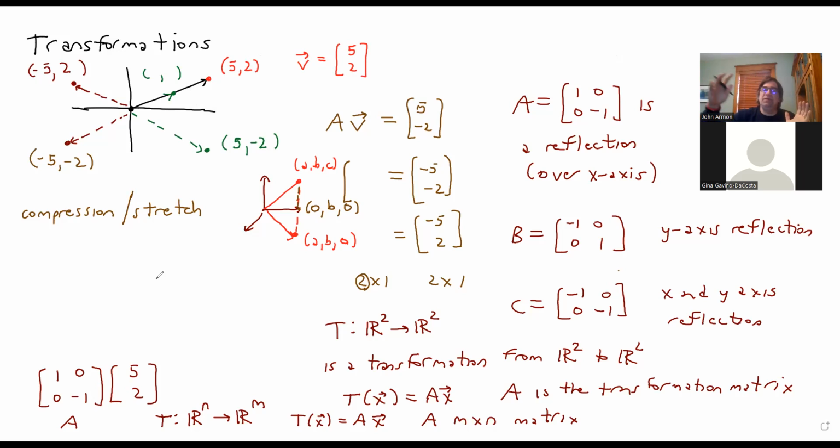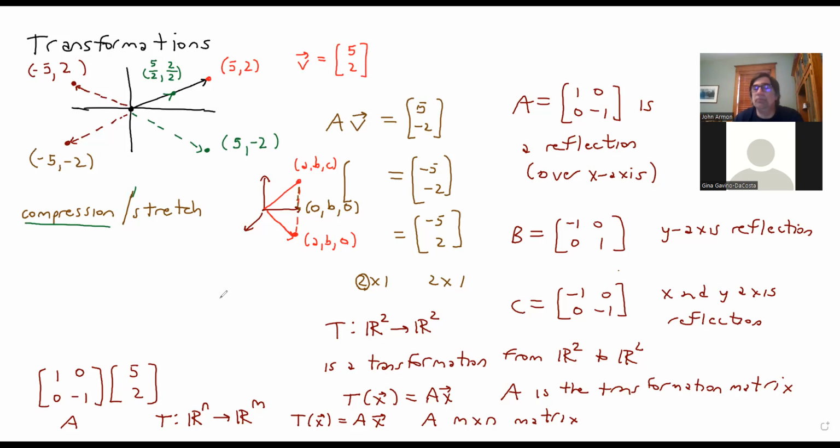Now, whether you make something smaller or bigger will be determined by what constants you use. So for example, if I wanted to take each of these components and go from 5 to 5 over 2 and then 2 over 2, what kind of matrix would produce that new vector?